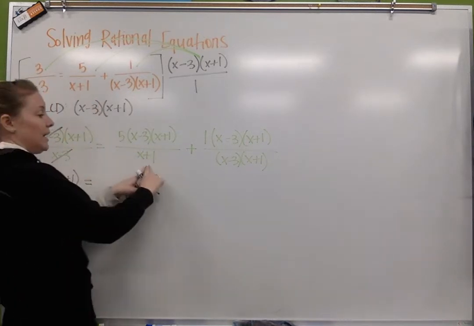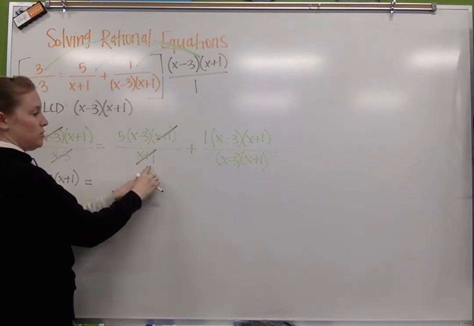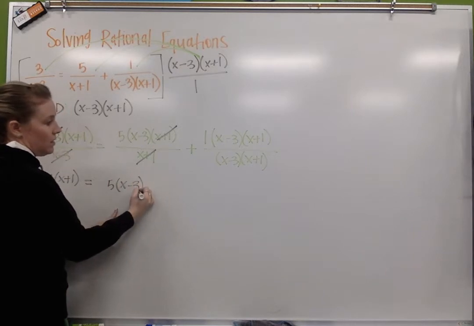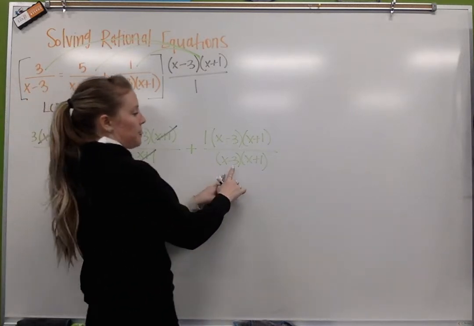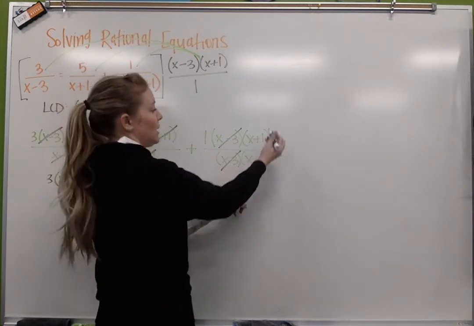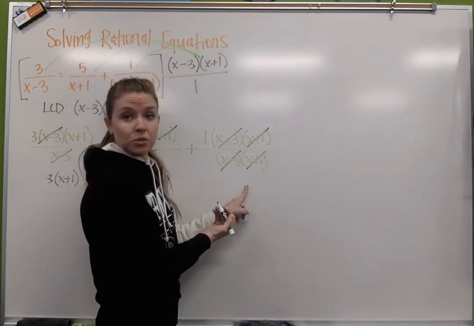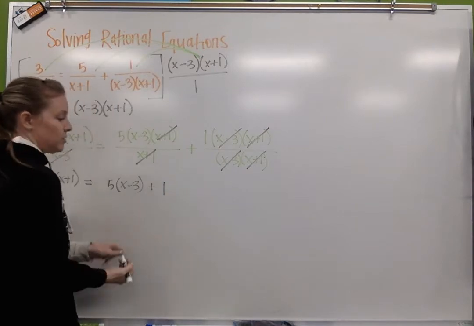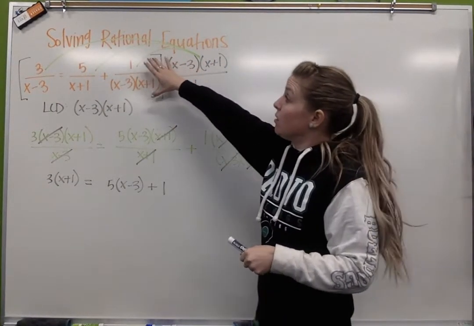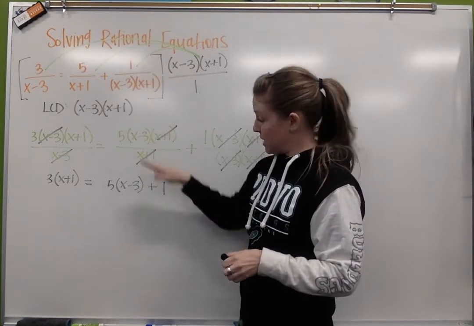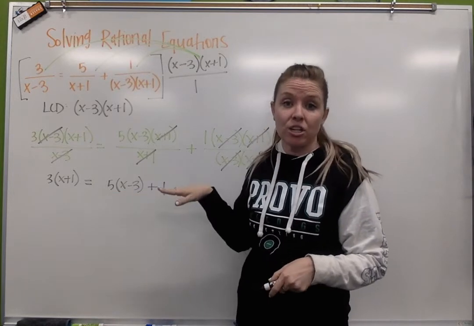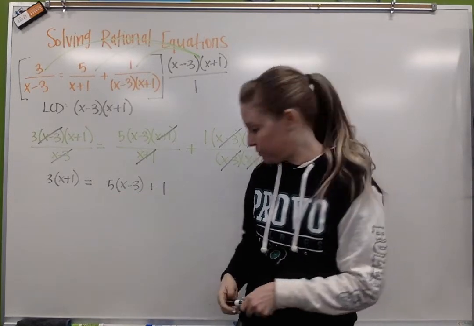Equals, here my x plus 1's reduce, and I'm left with 5 times x minus 3, plus, here my x minus 3 and x minus 3 reduce, and my x plus 1 and x plus 1 reduce, so I'm left with 1. So I've now taken my rational equation, gotten rid of the denominators, and this is now just a linear equation. This is much easier to solve.